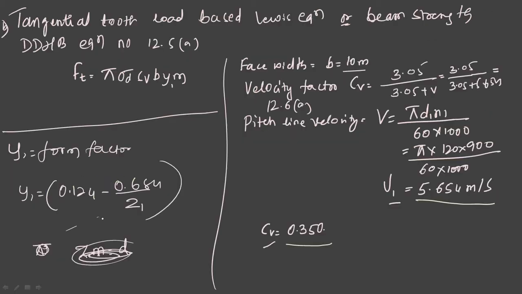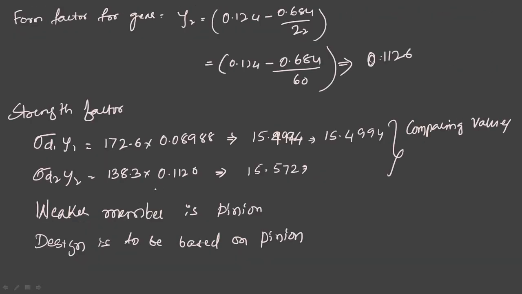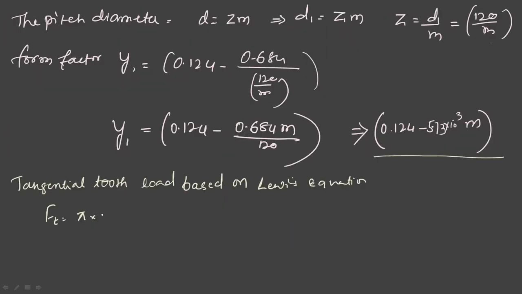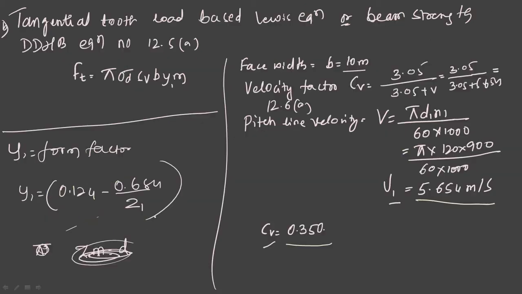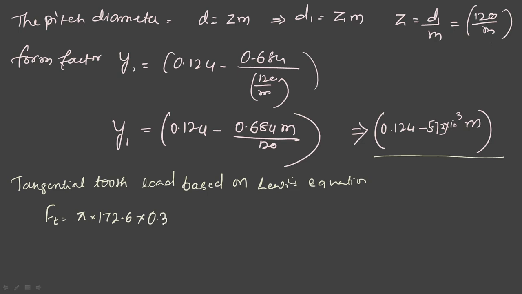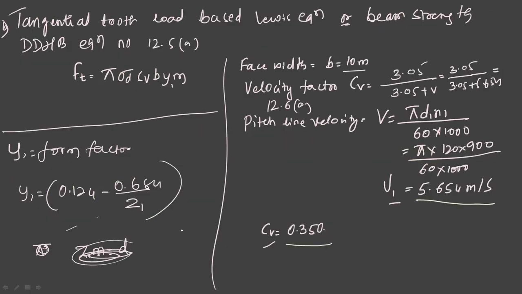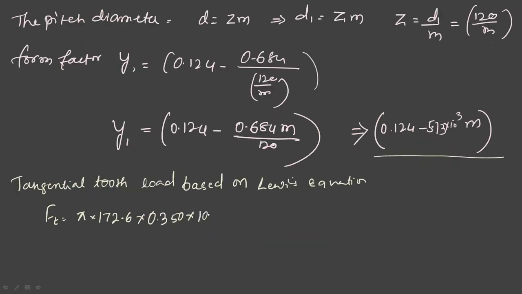So sigma d is how much for the pinion? It is 172.6. Okay, so Cv is how much? 0.350. Then b, the face width, is 10m.